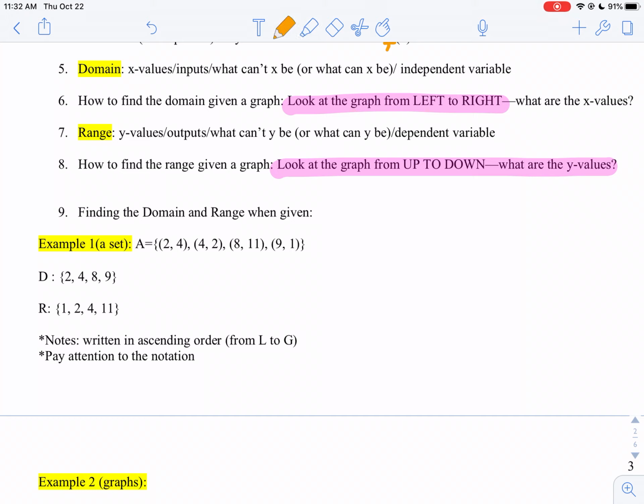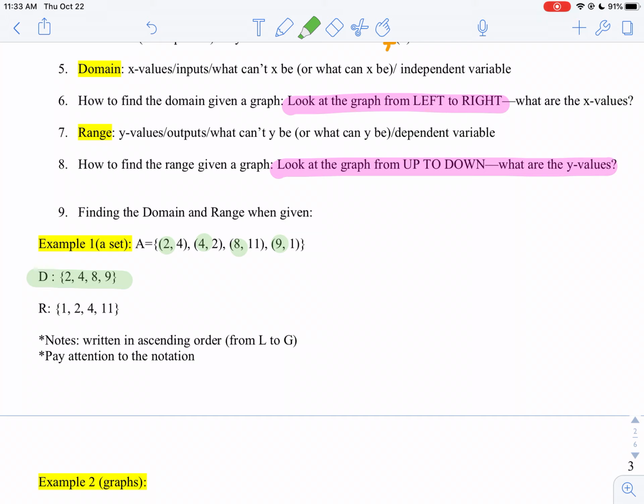So that's your domain right here. These are the x values. And again, notice how it's written. Sometimes they use a colon, sometimes they use an equal sign, but it's always inside braces, and the numbers are separated by commas, and we are always putting them in ascending order, from least to greatest.